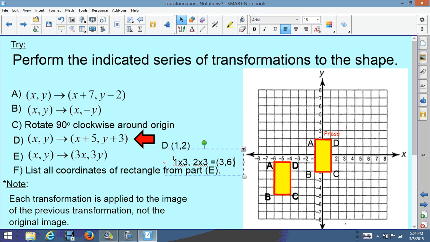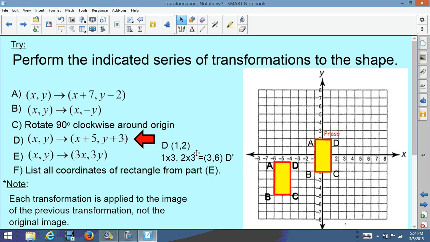So my new D prime is going to be 3, 6. So I do that to each coordinate, multiply it. So we're dealing with now a dilation because we're making it bigger. So take each coordinate, find each coordinate, and multiply it by 3, and you'll get your new point.